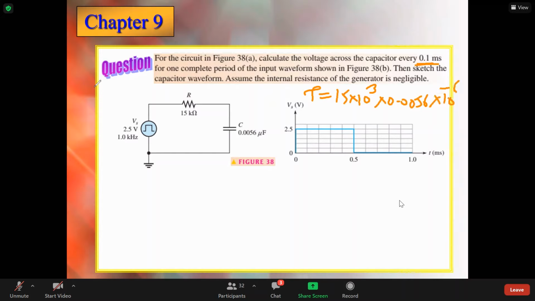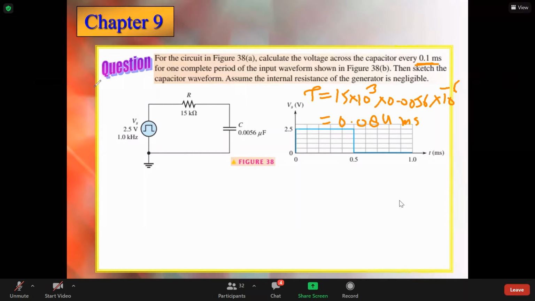Better to calculate in milli, because we are working in 0.1 millisecond steps. So you can multiply 15 by 0.0056 and you will get your answer in milli. So tau is 0.084 millisecond. Yes, that's it.